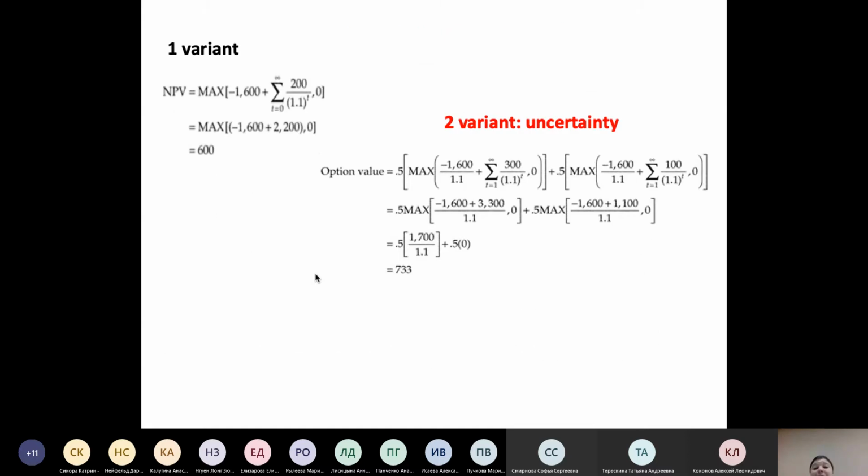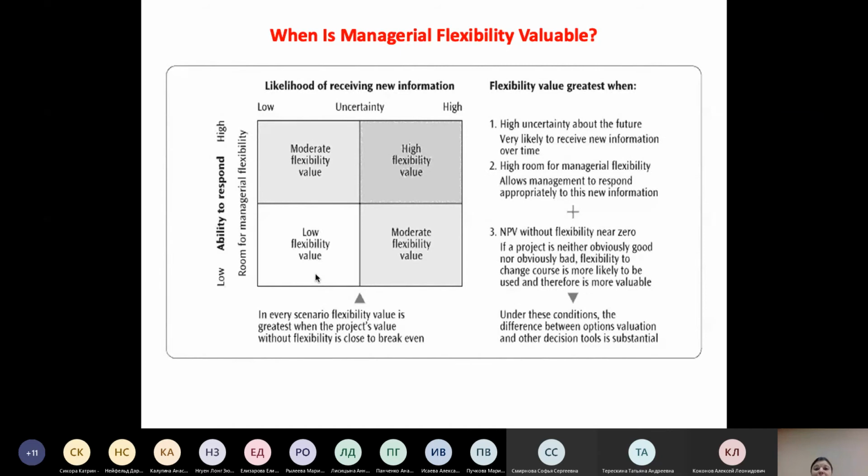If we are ready for expectations of 1 year, by the end of this first year, we'll receive the understanding of our real profits, and perhaps these real profits will be higher compared with the spot result. High room for managerial flexibility certainly allows management to respond appropriately to this new information.